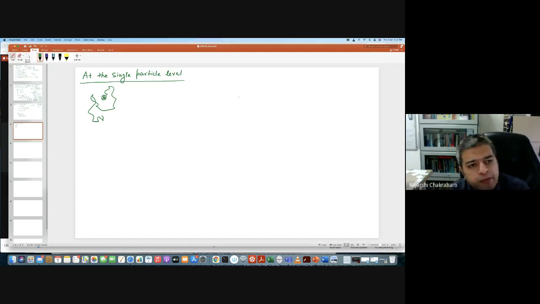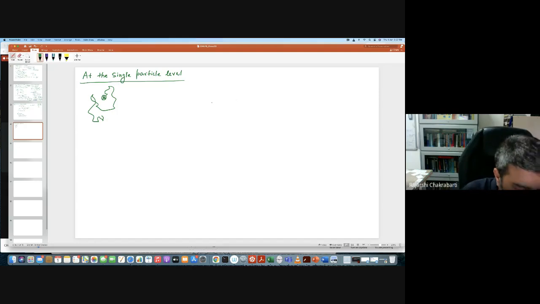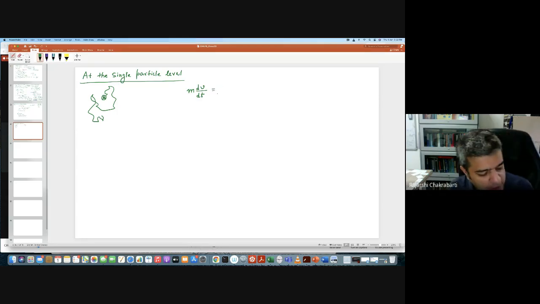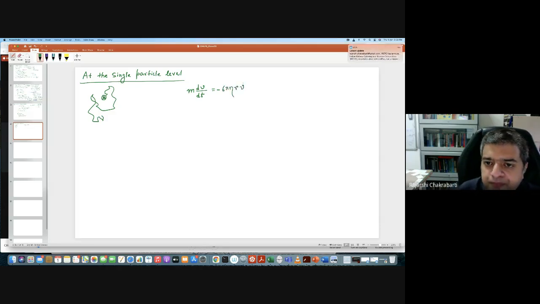Let me write down the equation in such a way that m is the mass of the particle, m dv dt, you know, this is Newton's equation kind of thing. Mass times acceleration is equal to force.